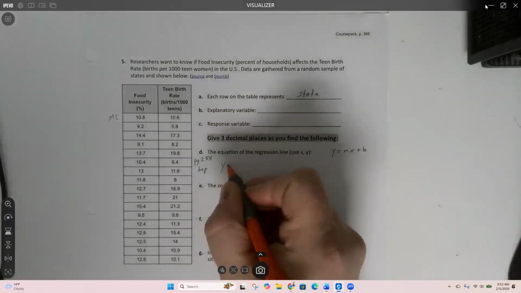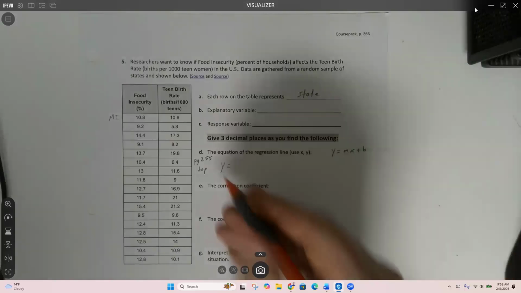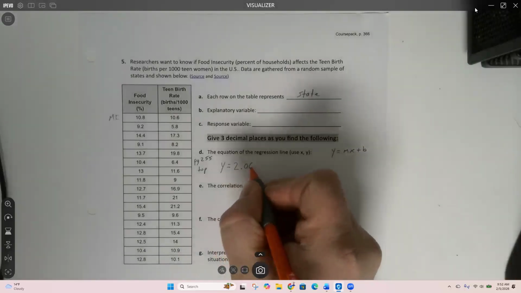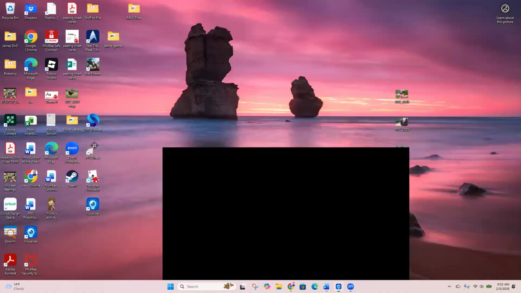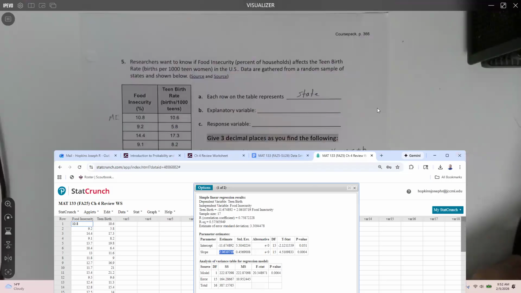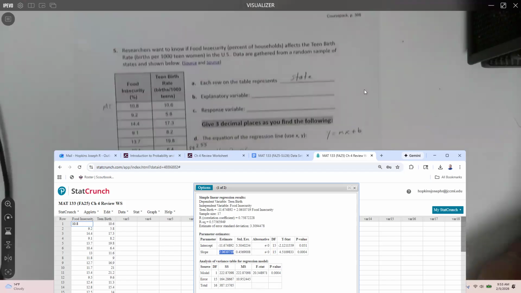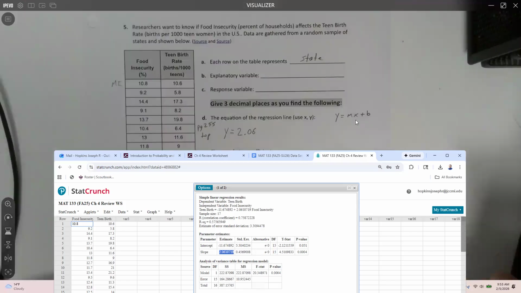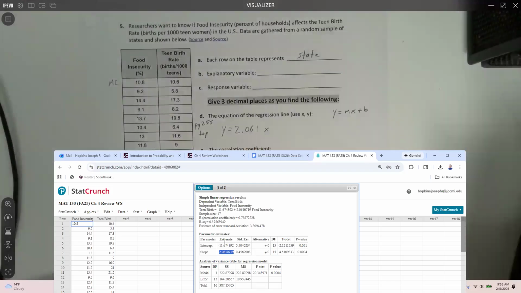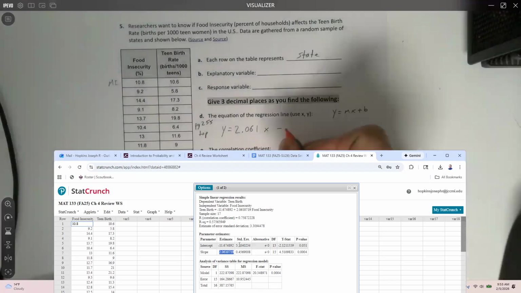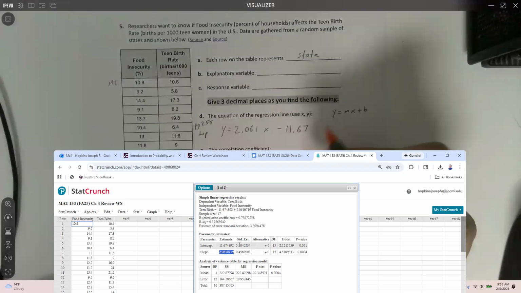So y equals, and the slope was 2.061 x, and then my intercept is negative 11.67.